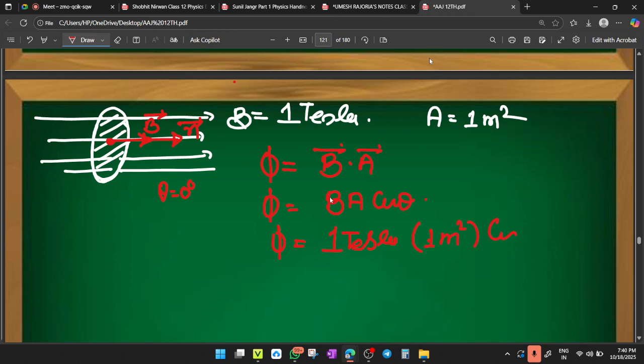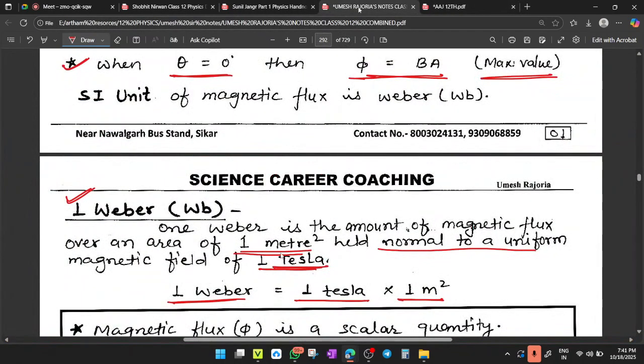Theta equals how much? 0 degree. B is parallel to N, so it is 0 degree. So cos 0 equals 1. So 1 into 1 into 1, the answer equals 1 Weber. Understood? So the amount of flux here equals 1 Weber.